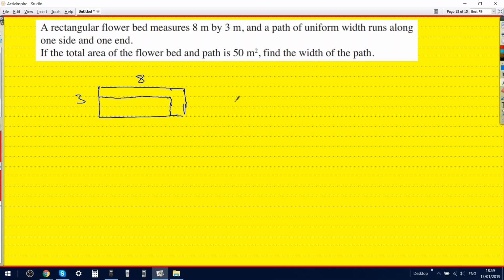A rectangular flower bed, and a path of uniform width. A rectangular flower bed measures 8 by 3.